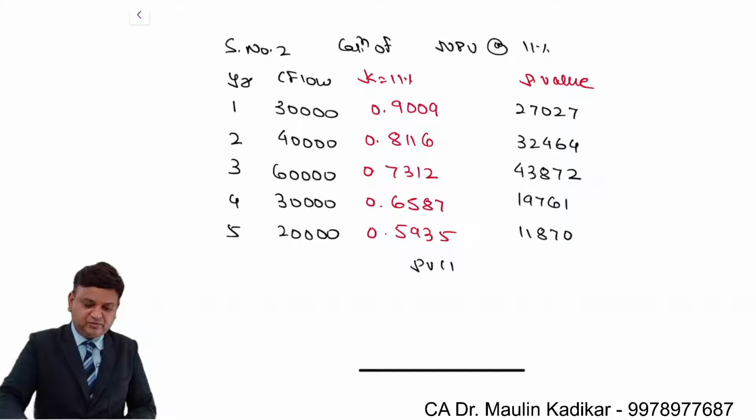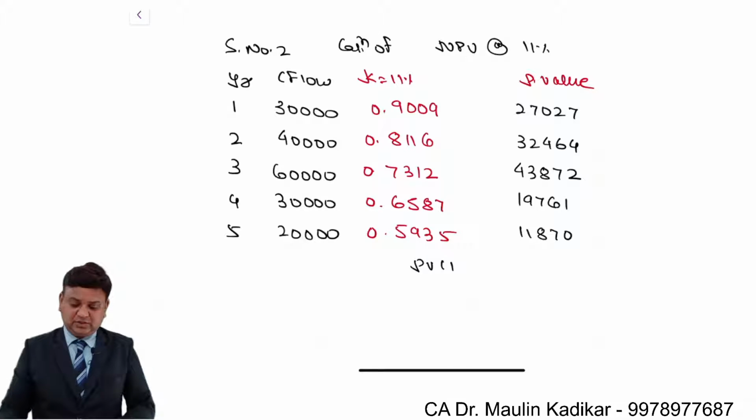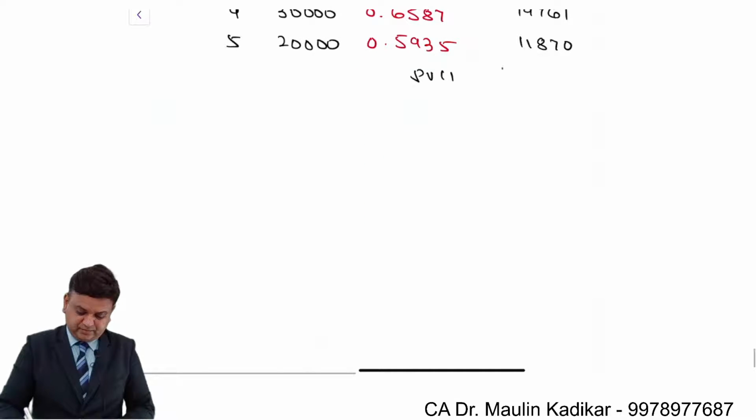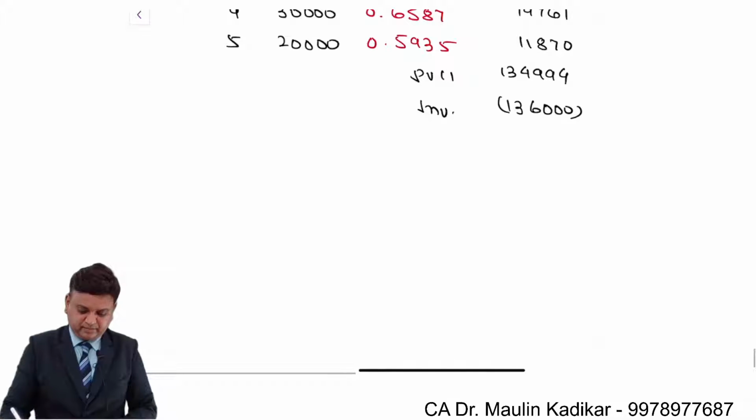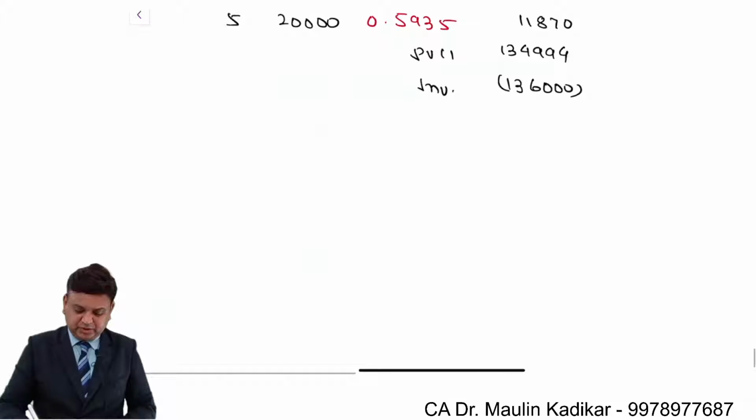Present value of the cash inflow is 1,34,994. Amount of investment is 1,36,000. So NPV is 1,006 negative.